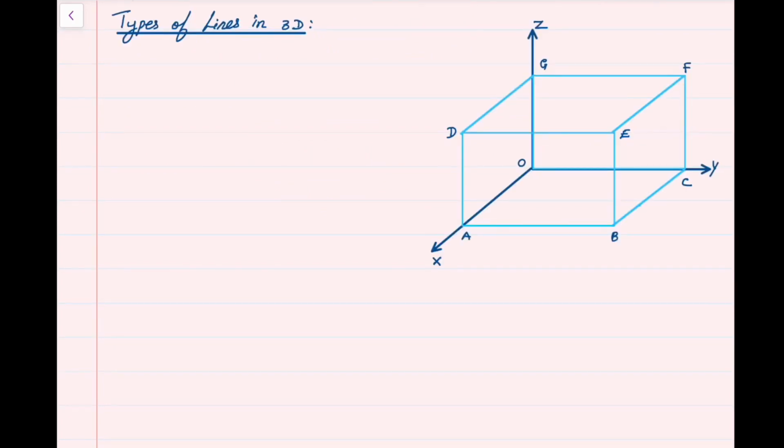We will see the different types of lines in 3D. The first one is intersecting lines. Shortest distance between them will be 0. These lines are coplanar lines as we can draw a plane passing through these two.